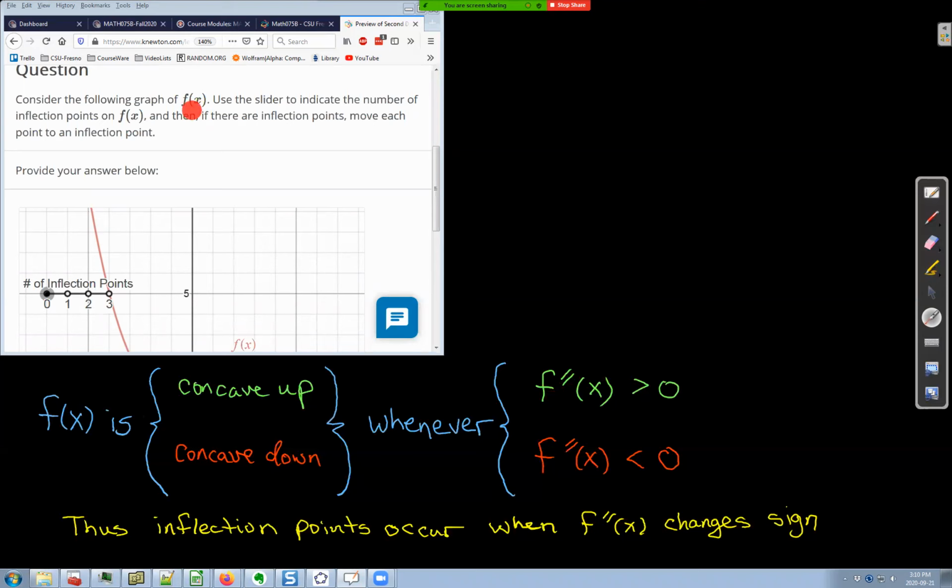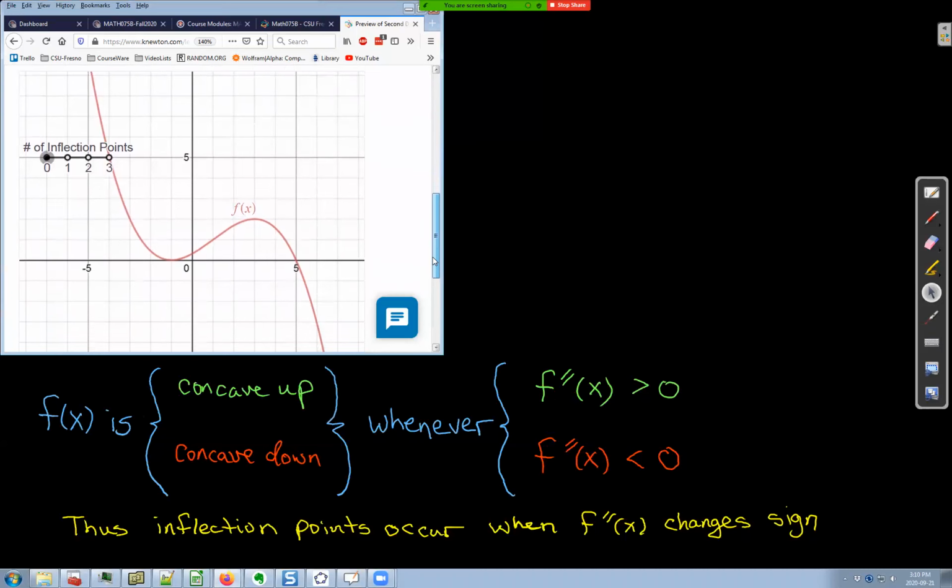They're giving me the graph of f, and they're not giving me the equation for f. So I cannot find f double prime. All this good stuff about f double prime is not useful for this problem because the problem doesn't tell me anything about f double prime.